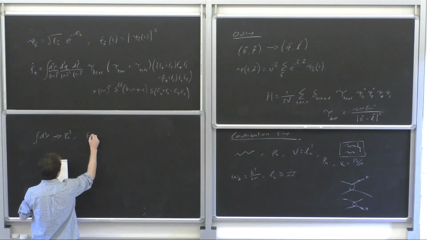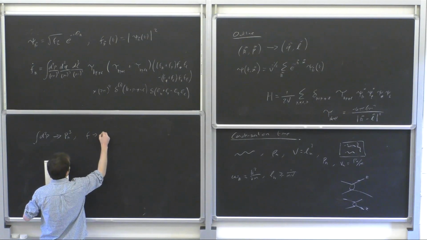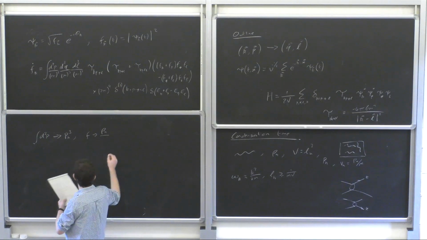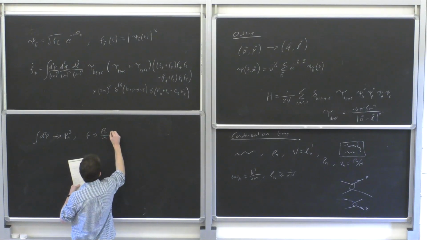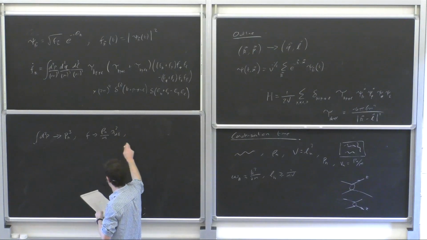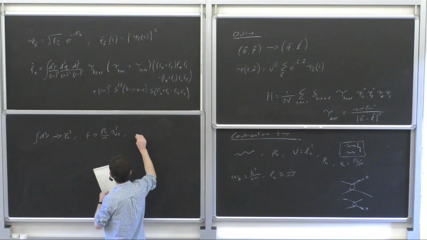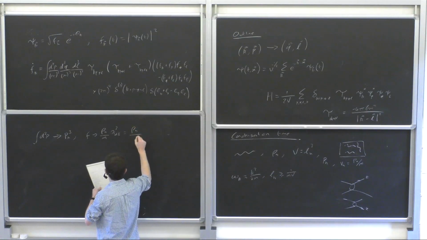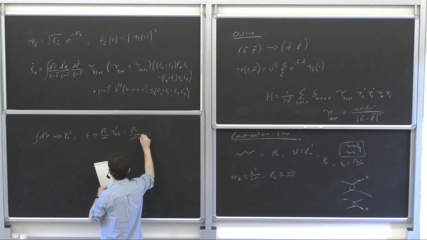The occupation numbers we're going to say are roughly the initial occupation numbers of the modes in the halo, so rho_halo divided by m times lambda de Broglie cubed, which is the same thing as rho_halo over m^4 v_halo^3.